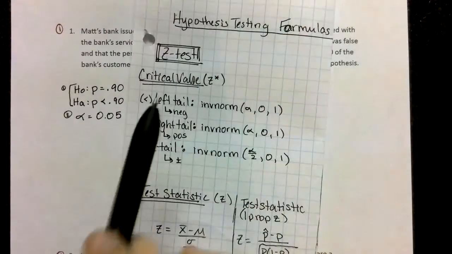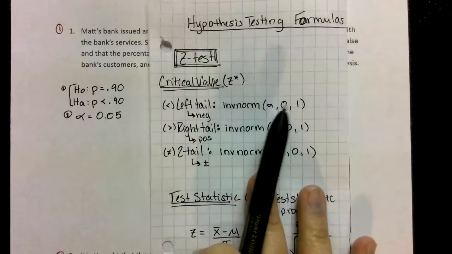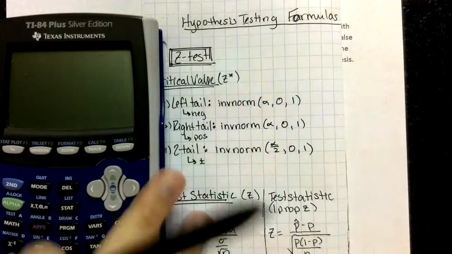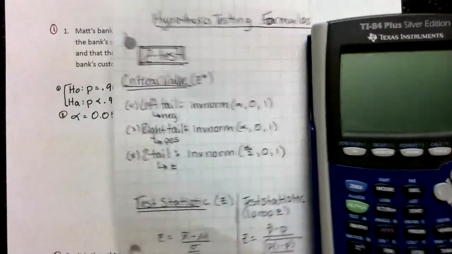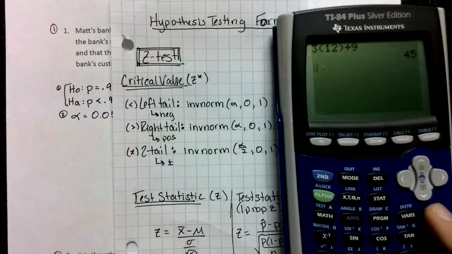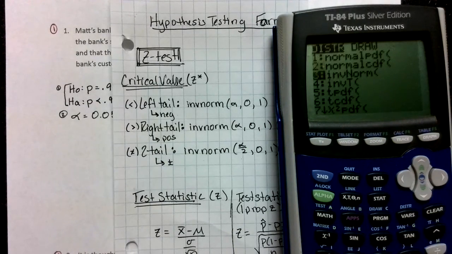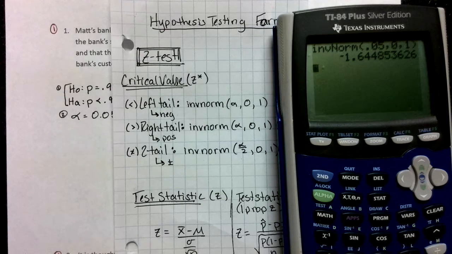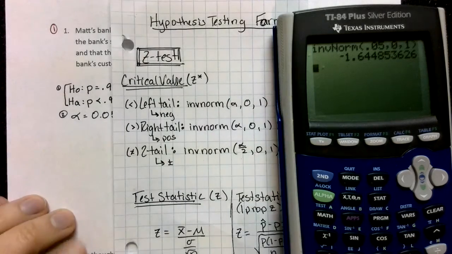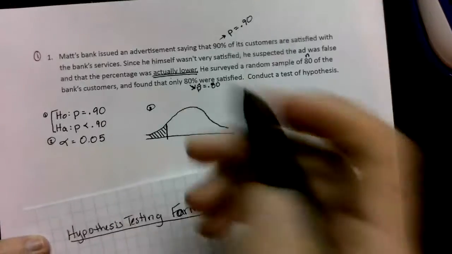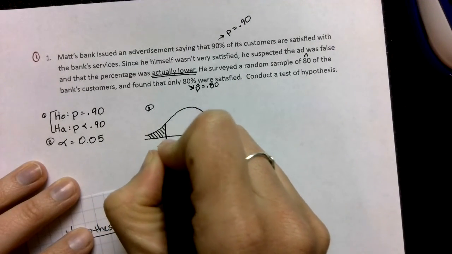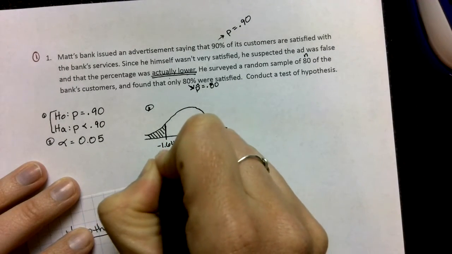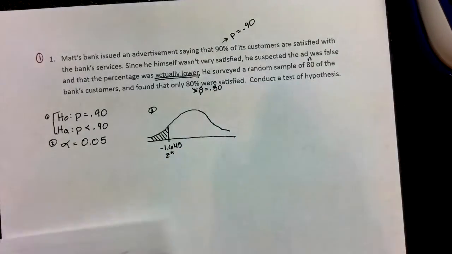I've got my left tail, so I'm going to do inverse norm. My area is just my alpha value. I don't have to divide it by 2 since it's all in one tail. So I've got negative 1.645. This is my z critical.